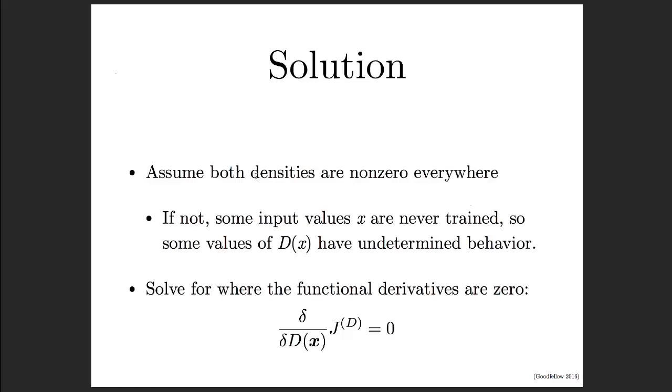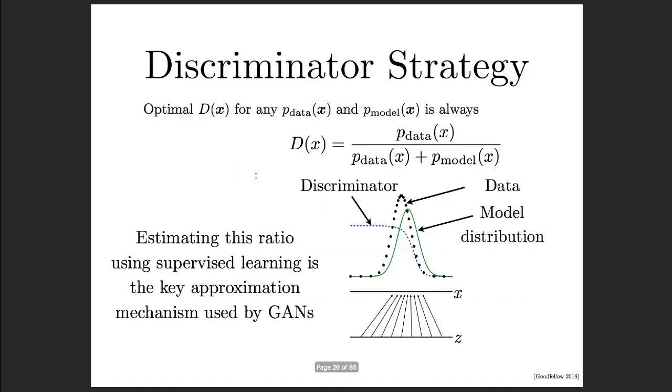So in this case, we take the derivative of the cost function with respect to a particular D(x) output value, and we set it equal to 0. It's pretty straightforward to take those derivatives, and then from there it's straightforward algebra to solve this stationarity condition. And what we get is that the optimal discriminator function is the ratio between p data of x and the sum of p data of x and p model of x.